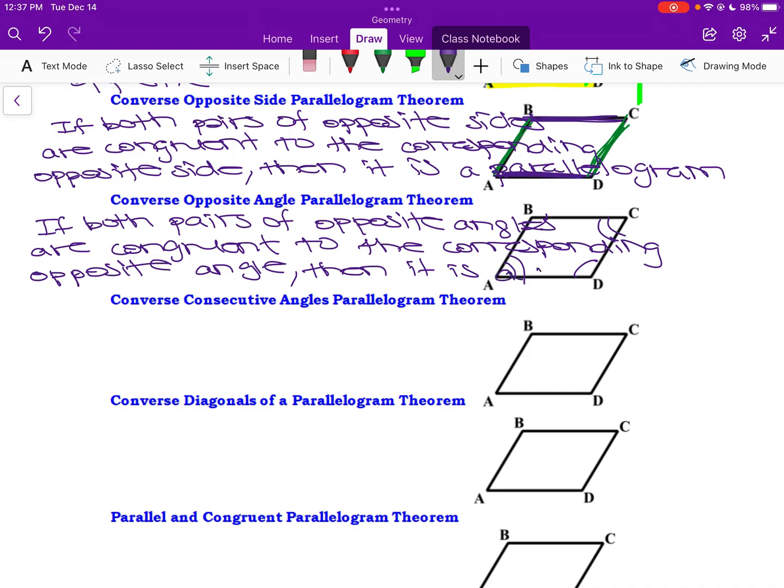Pretty much, it has to be a parallelogram if those opposite angles have the same measure.